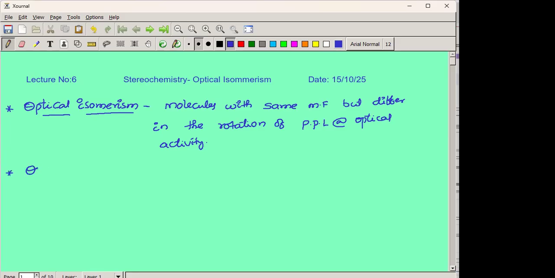Now, what is meant by optical activity? Optical activity is a physical property of a molecule.